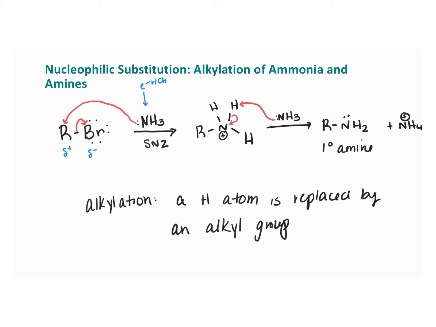Now, although amines can be produced by these kinds of alkylation reactions, there is a major problem that can occur because the amine product is also nucleophilic. So this primary amine that we've made here, right, that sucker right there is also very nucleophilic.